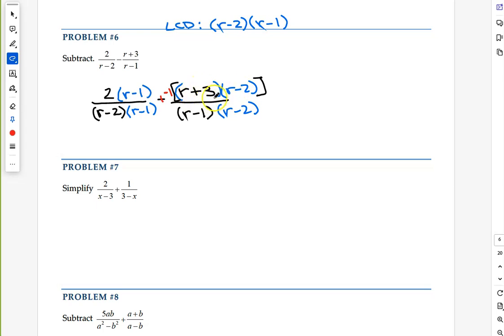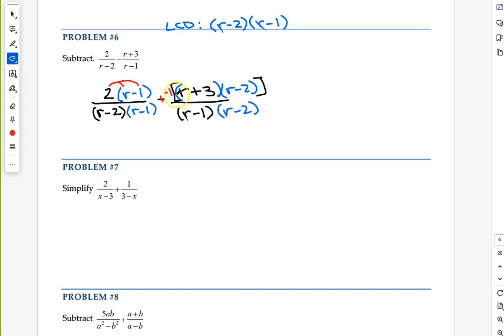So when I'm working on the top, on this first one, I just need to distribute that 2 to both of them. But on this second one, I'm going to have to FOIL and then distribute the -1 through to everybody. Okay. So let's do that.